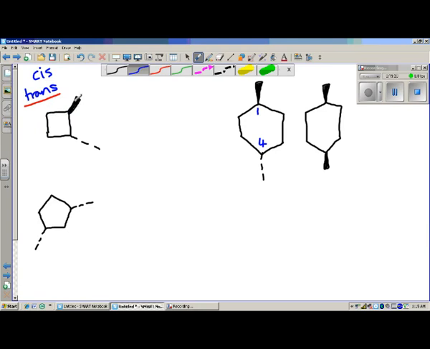If we were to name this without any stereochemistry, what we would get is a parent chain of cyclobutane, with a methyl group on carbon 1 and carbon 2, so 1,2-dimethyl cyclobutane. And because these two methyl groups are sitting opposite to each other, the actual name for this would be trans-1,2-dimethyl cyclobutane.